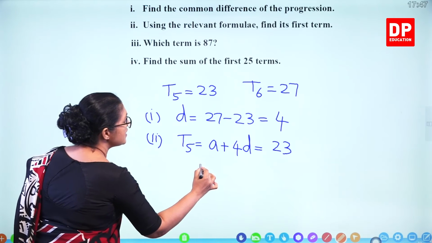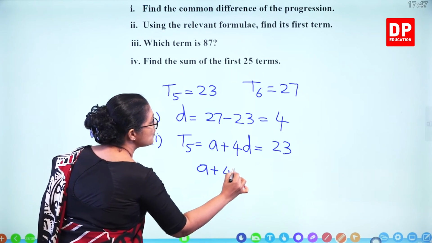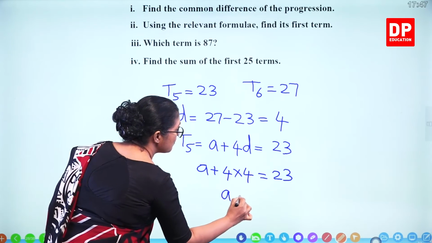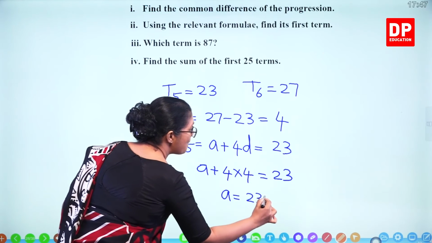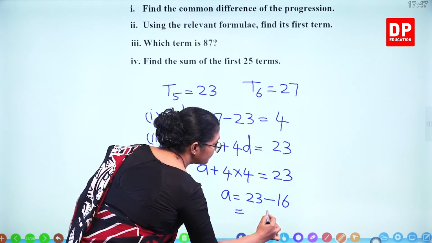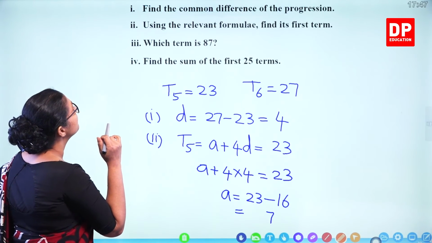So we can write a plus 4 times 4 equals 23. d is 4. So what's the first term? 23 minus 16, 4 times 4. You get 7. So 7 is the first term.